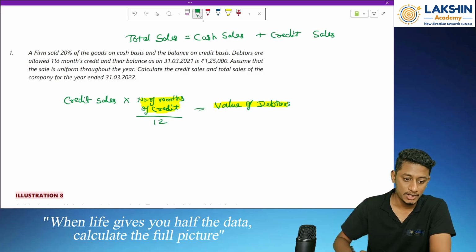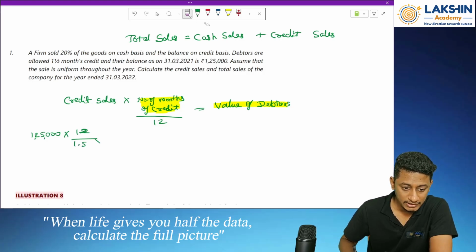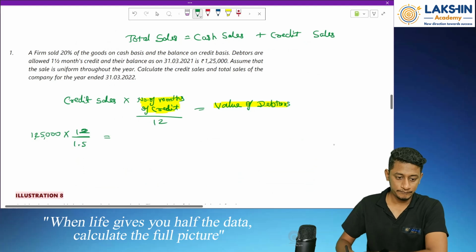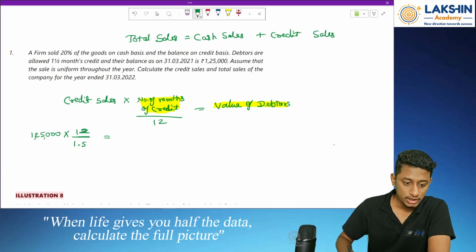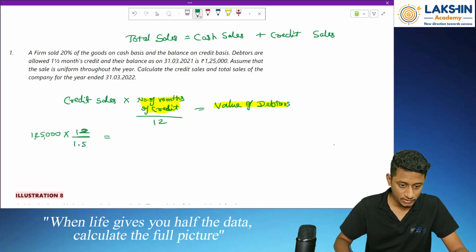Now what to do? Because this is given to us, you can take 1,25,000, that is the closing balance, multiplied by 12 divided by 1.5. This will give us the total credit sales value. 1,25,000 into 12 divided by 1.5 would be rupees 10 lakhs.